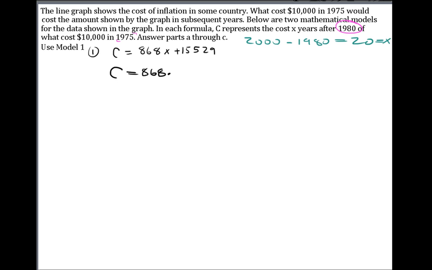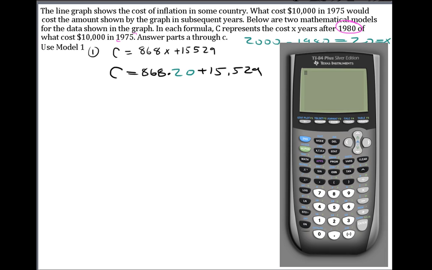So our cost is going to be 868 times 20, and we're going to add to that 15,529. Now we could calculate this all out, or we could just grab our calculator. I'm going to input 868 times 20 plus 15529.